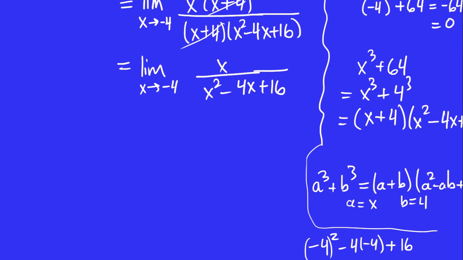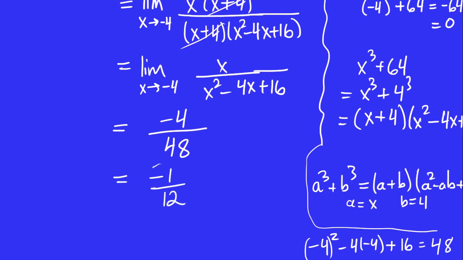But when you put brackets around it, it's positive 16. 16 plus 16 plus 16 is 48. So this is an easy kind of limit. We can just put -4 right in there. So we get -4 over 48. Let's divide top and bottom by 4 to simplify that fraction, and we get our answer: -1 over 12.